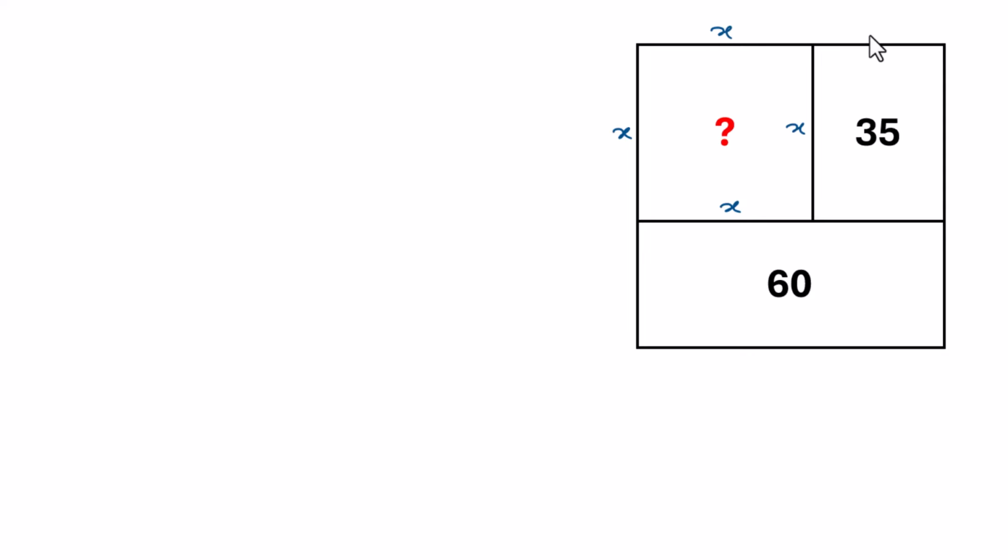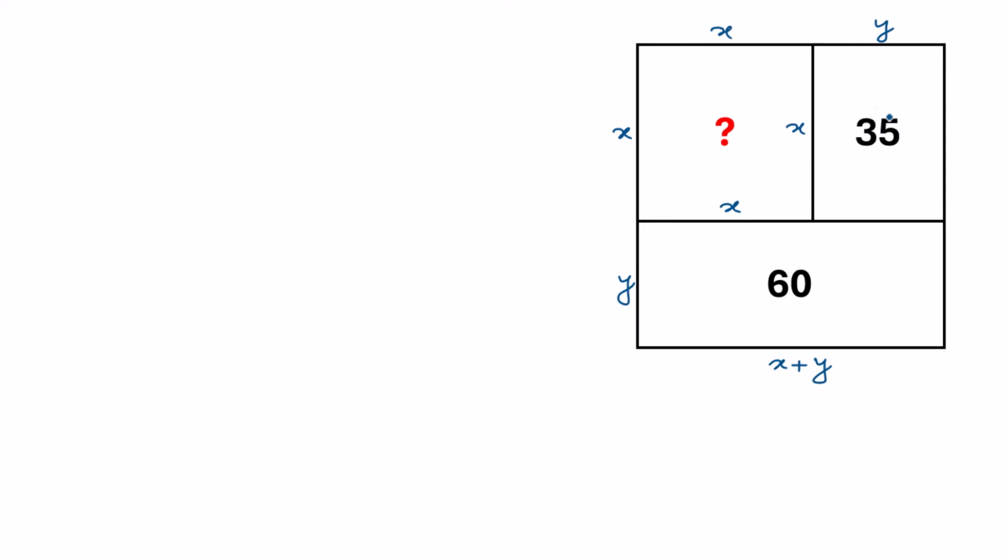And suppose this length is y, so the total length of this large square is x plus y, so this will be x plus y. And as this is the length of this square, so as this is x, it will also be y. So this will be x plus y and this is x plus y.